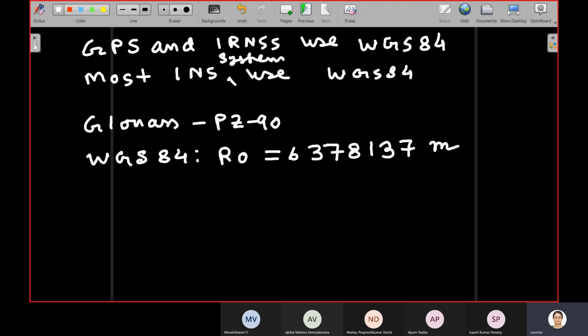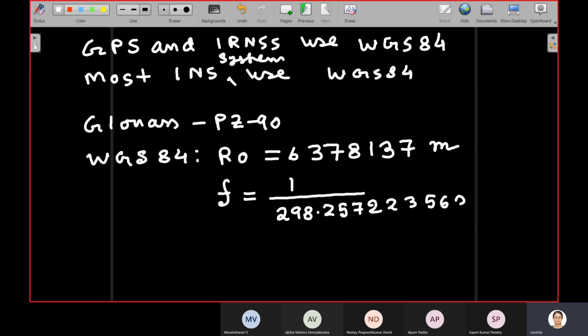Okay, this is the equatorial radius, and instead of giving the eccentricity, it defines flattening. Okay, the flattening is 1 by 298.257223563. This is the flattening.